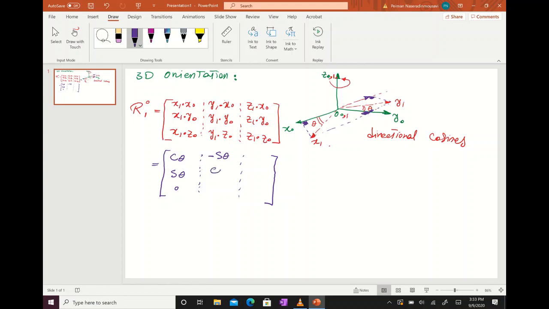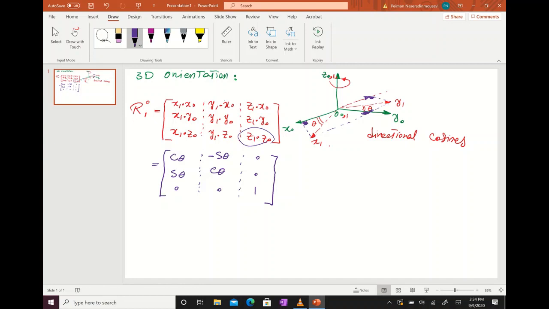Then it's cosine of theta, obviously. But the z1 directional cosine is normal to x0 and y0, so it's 0, has no projection on x and y, but it is aligned exactly in the same direction as z0. So it's going to be 1, obviously.